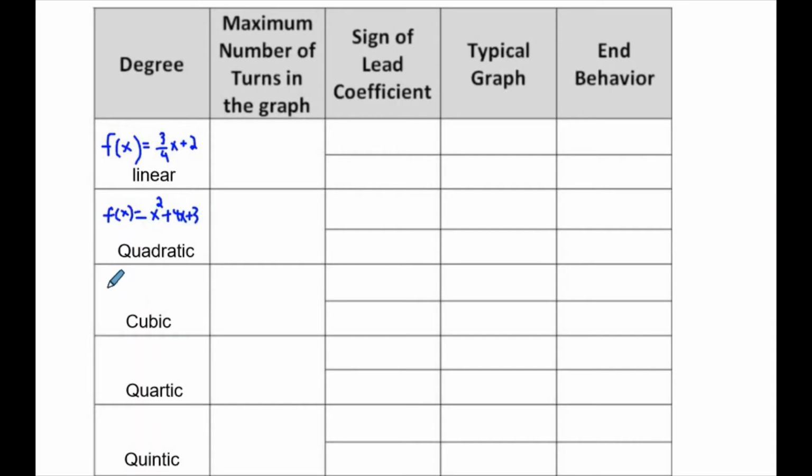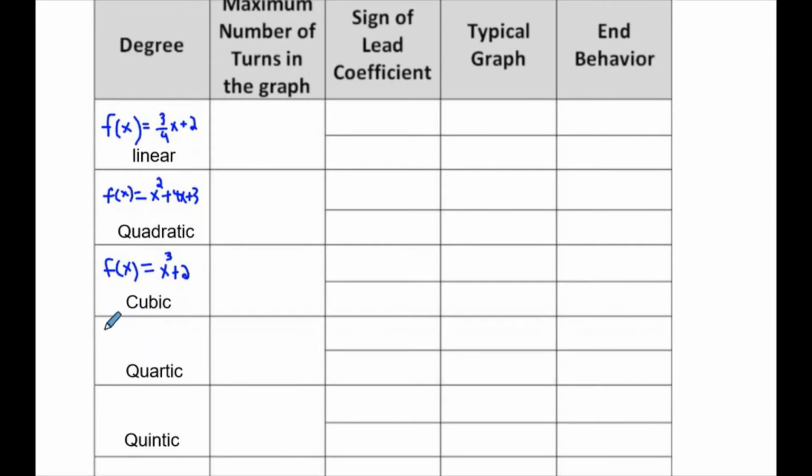Cubic functions can have a whole string of things, but a cubic function just has to have a lead coefficient that is a 3, right? It could just be a cubic binomial. A quartic has a 4 on it, as you well know. It can have other things in there too, right?